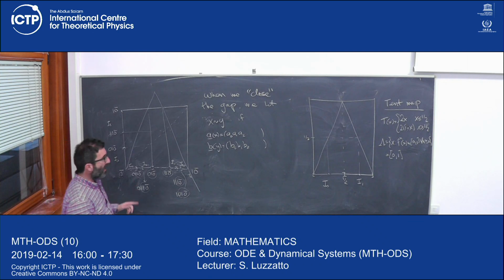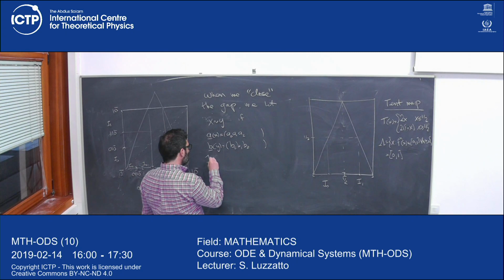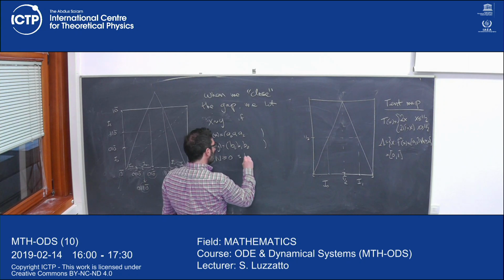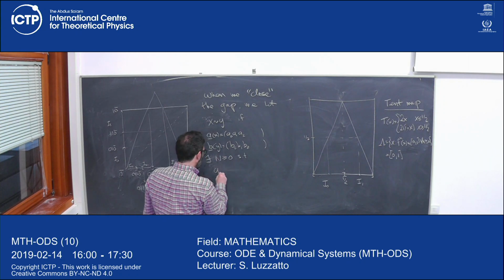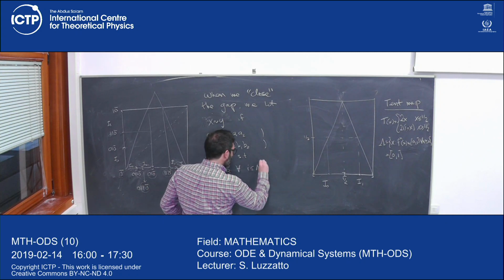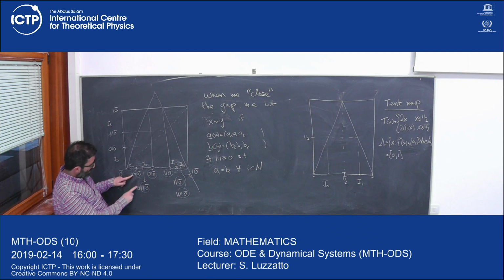So the sequences are going to have this property that they're going to be the same for a certain number of times. So there exists, let's say, some n greater than or equal to 0, such that ai equals bi for all i less than or equal to n. For example, in this case, it's just the first one, n is equal to 0, right?